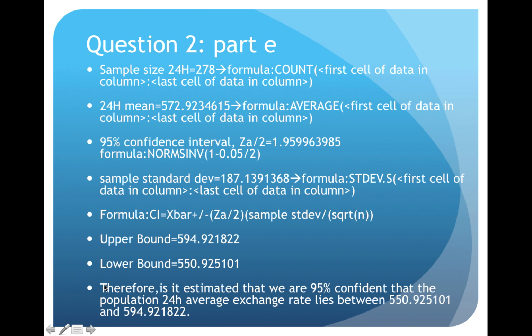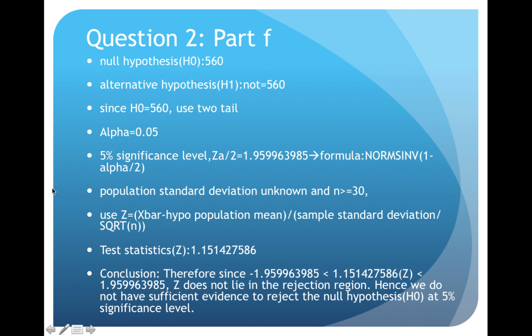So therefore, it is estimated that we are 95% confident that the population 24-hour average exchange rate lies between 550.925101 and 594.921822.